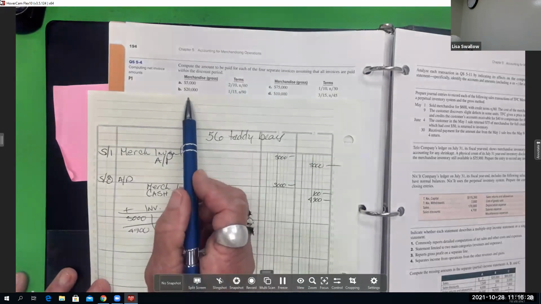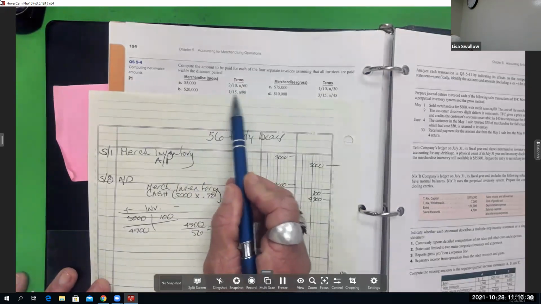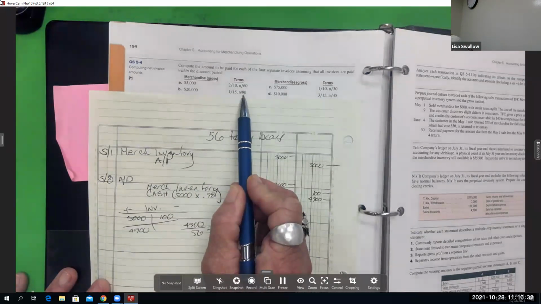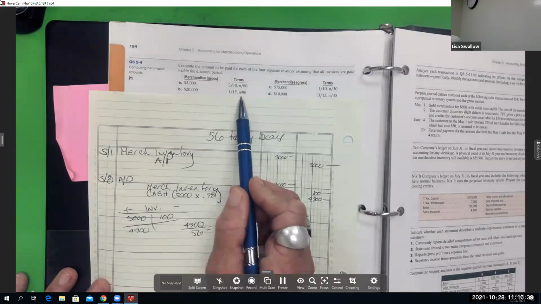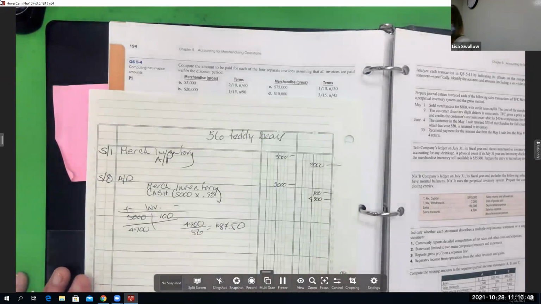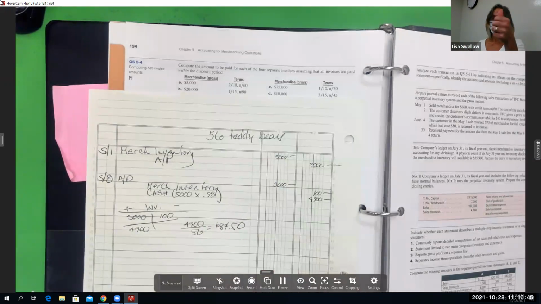Second one, Jen, can you read what this says here? Okay. Again, just to be redundant, book the purchase. I'm going to make this a little bit more exciting here now.